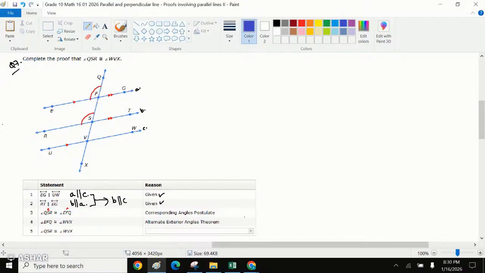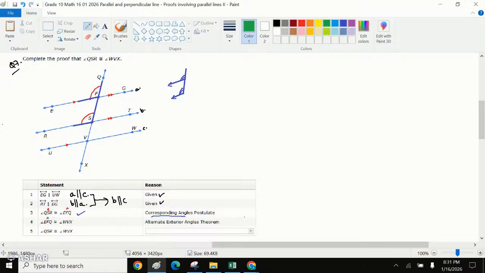Do we see the formation of an alphabet F over here? Right? Whenever we have a formation of the alphabet F, we say if this line was parallel to this line and then these two angles were same, right? We say they are corresponding angles.